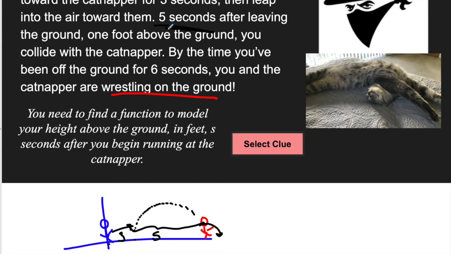I'll just do that in red. And then we're on the ground. Well, okay, and then by the time I've been off the ground for 6 seconds, now I'm at 0. Okay.